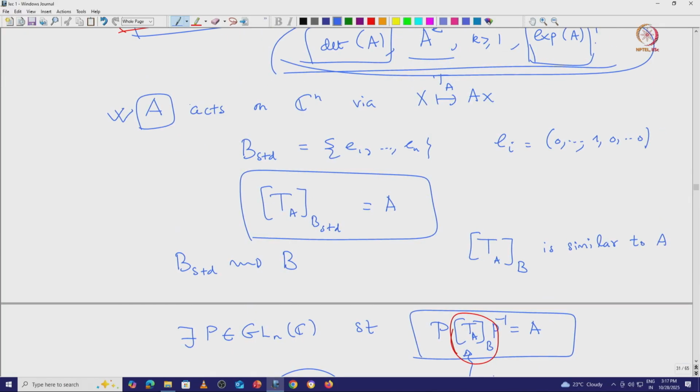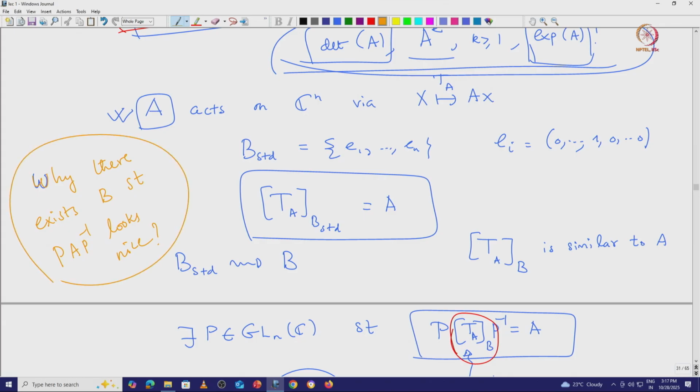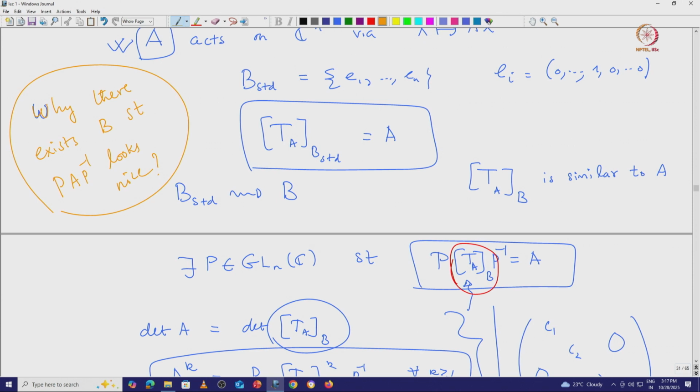Why does there exist a basis B such that P A P inverse looks nice? Unless we know some convincing argument for this, there is no point in looking for such a Jordan form or any other canonical forms.